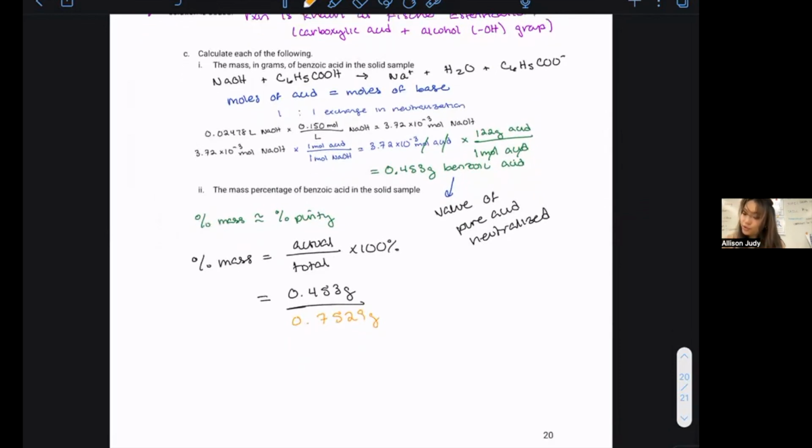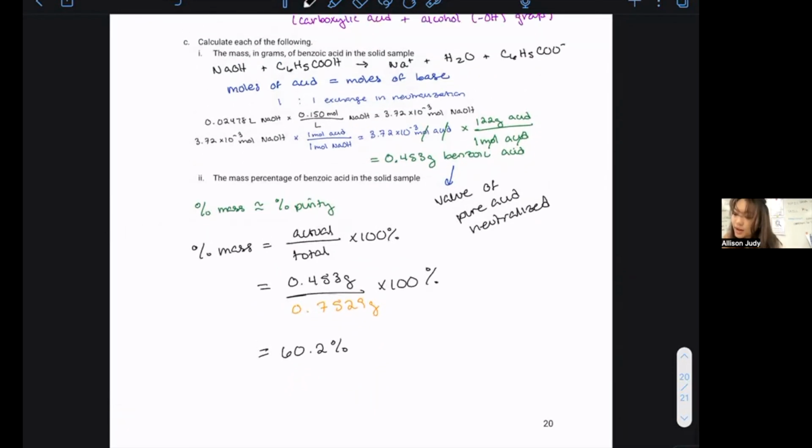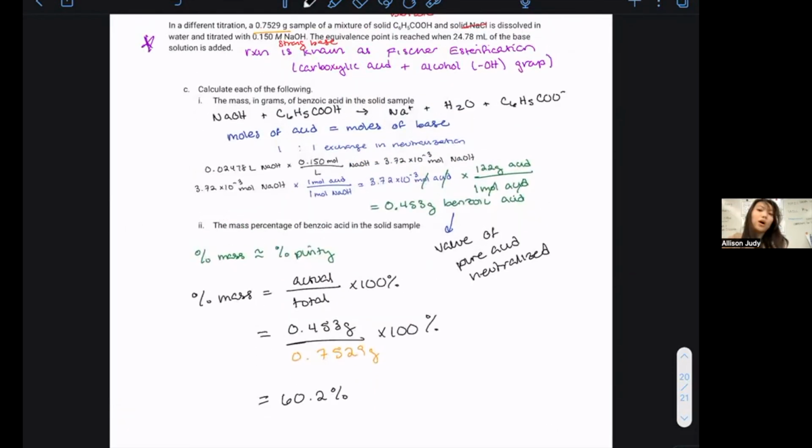So all you have to do now is complete the calculation, and you will get that the mass percentage of benzoic acid actually present in the sample that was completely neutralized by the NaOH was 60.2% of that mixed sample. And that is your answer. So great work, you guys. That's our walkthrough.